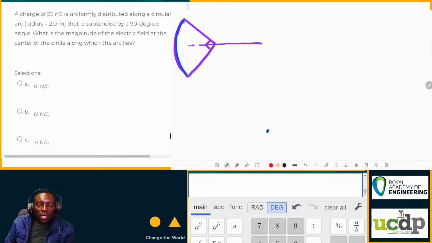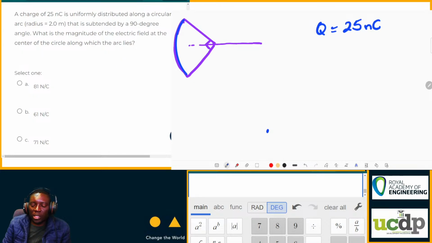Now the charge on this distribution, Q, is 25 nanocoulombs, right? And it's uniformly distributed, which means we can even talk of the lambda there being Q over L. But we know that the length of this arc is given by, what is this?